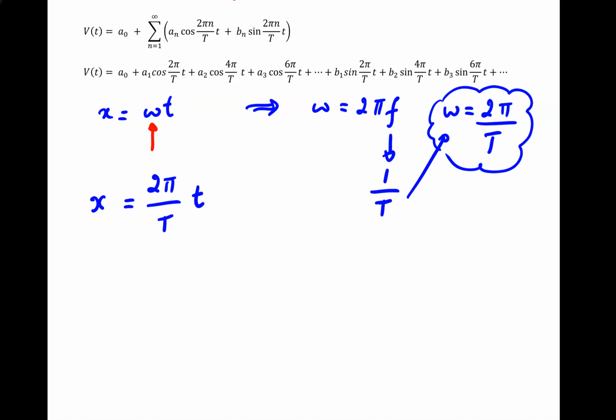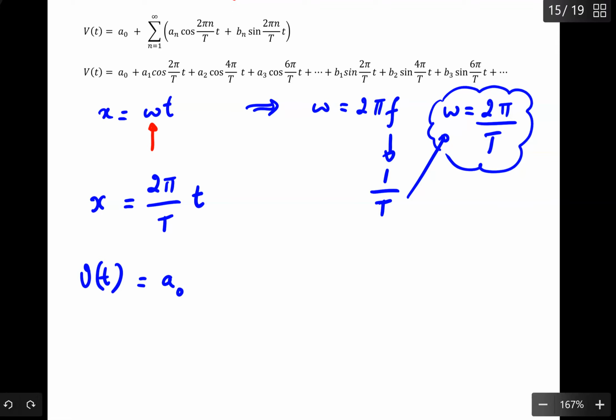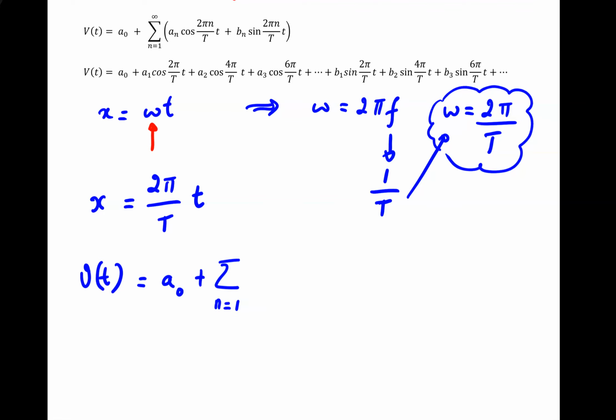Okay, so let's try this. I have v(t), and it's defined as a naught added with the summation of, let's work with just 3 terms in this case. So I will have n equal to 1 to 3, but let me rewrite our formula so I can show you how it actually works.